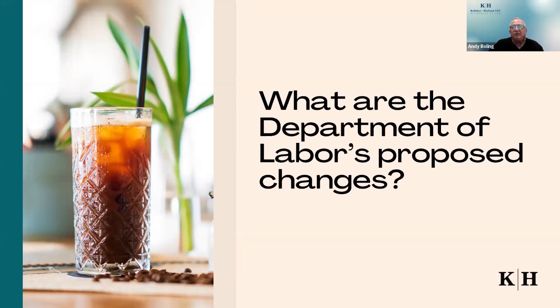They set the standard salary level at the 35th percentile of weekly earnings of full-time salaried workers in the lowest wage census region, which is currently the southern region of the United States. Typically, the Department of Labor does not include outliers like Alaska, Hawaii, or territories such as the Mariana Islands and Puerto Rico when making these determinations.